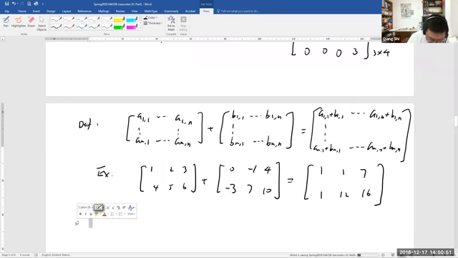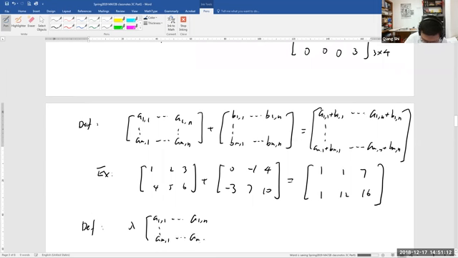Right? So if there is a lambda times an m by n matrix, times any matrix, then this will just distribute the lambda to each term in this matrix, right?